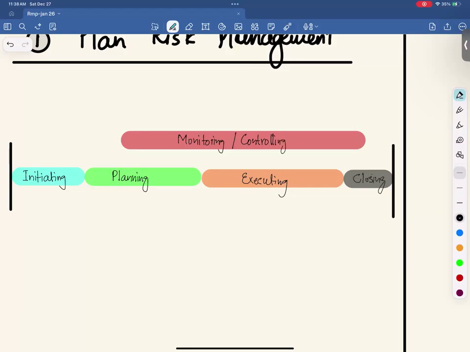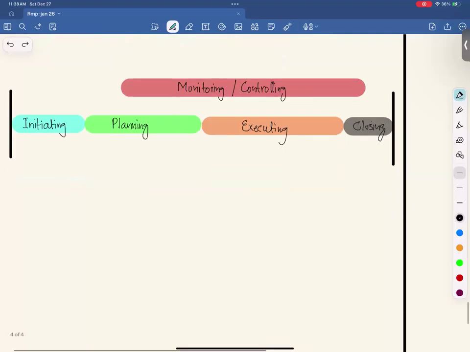This is called project management life cycle. Like first you initiate the project, then you plan it, then you execute it, then you monitor and control, then you close it, right? Okay, now question to you, a question is, when we do all these activities, so first process, plan risk management, is done during planning, right? As the name indicates.